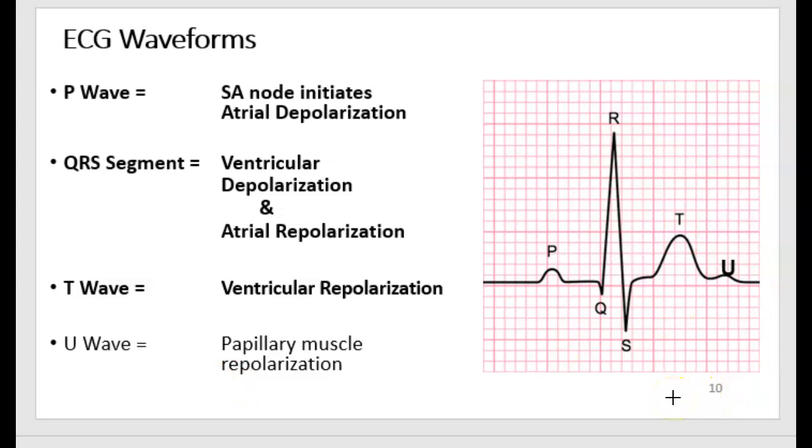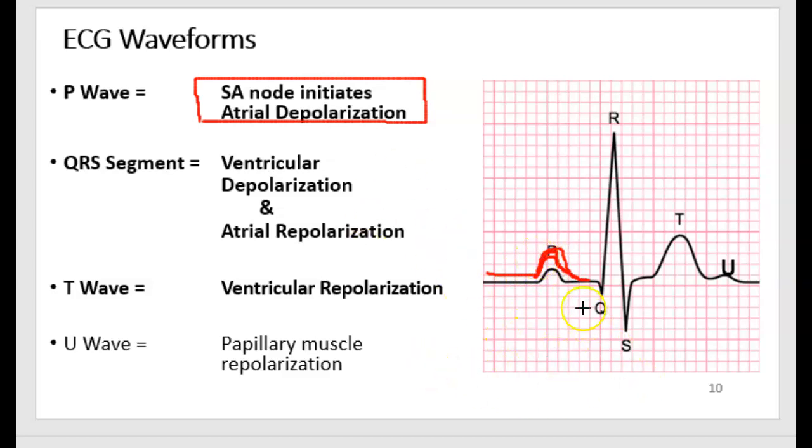What these deflections relate to is the intensity of a current at a given point in time, of all currents at a given point in time. We see this upward deflection indicating there's an increase in electrical activity, and that correlates with the SA node depolarizing the atria. At the same time, we're going to see that the atria depolarize right here and spread that depolarization.